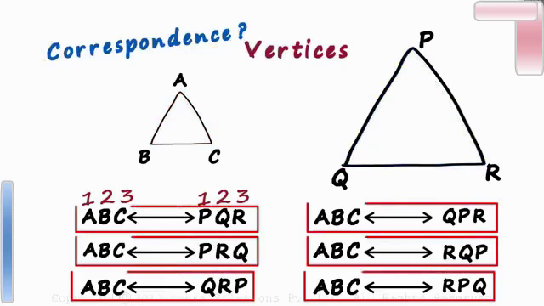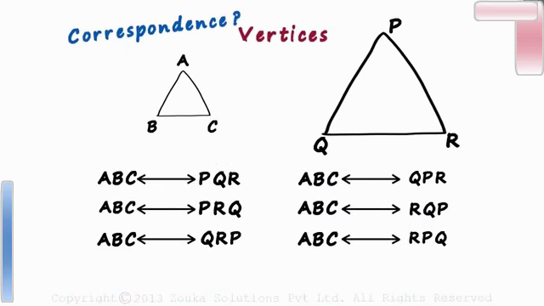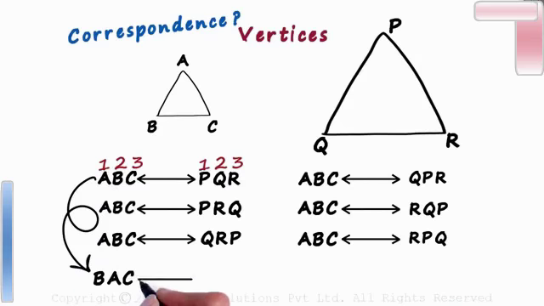But each correspondence case can also be written in different ways. Consider the first correspondence, for example. It can also be written as BAC corresponds to QPR. Here, B corresponds to Q. In the first case too, B corresponds to Q. A corresponds to P. There too, vertex A corresponds to vertex P. And vertex C also corresponds to vertex R in both the cases.